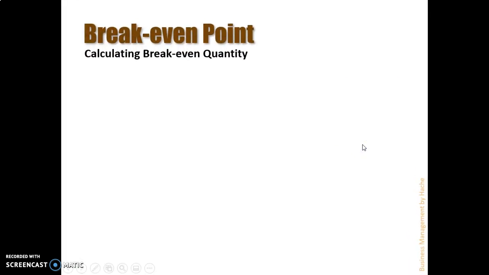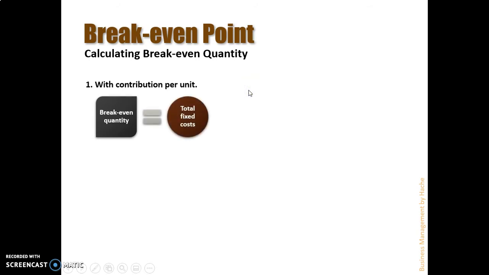To calculate the break-even point, the break-even quantity, we have two possible ways, two different formulae. Number one, we can get it with the contribution per unit. This is why we explained this concept in the beginning of this chapter, because contribution is an important element to get the break-even quantity. How so?